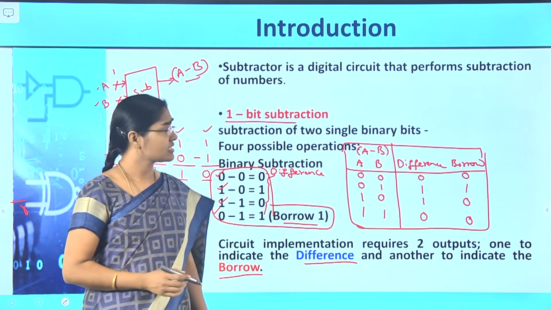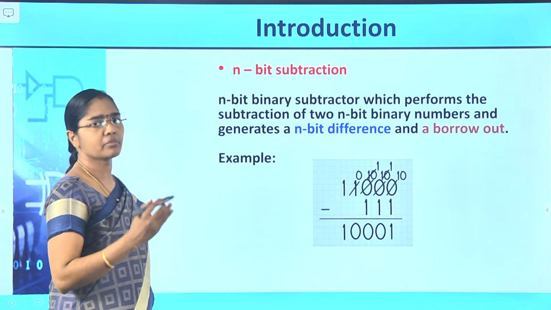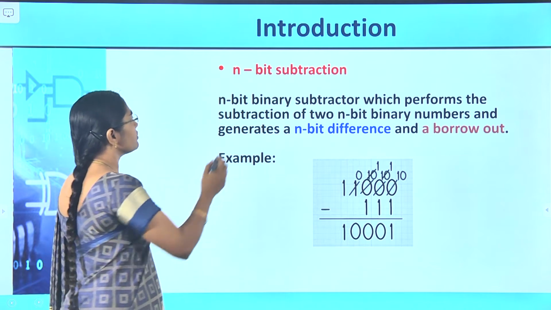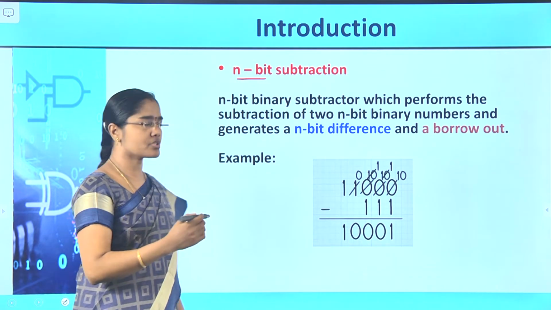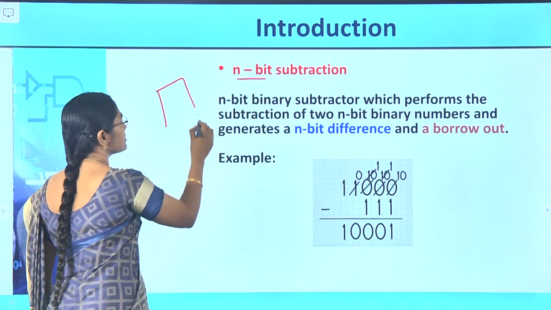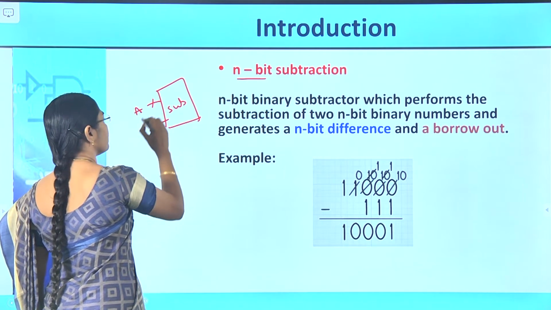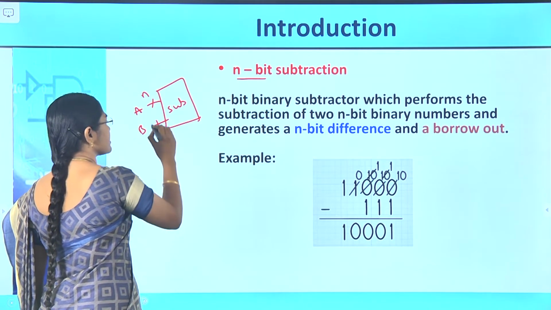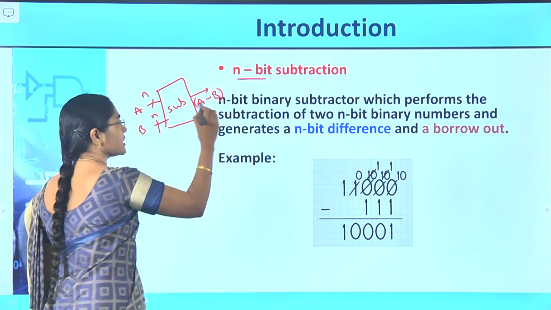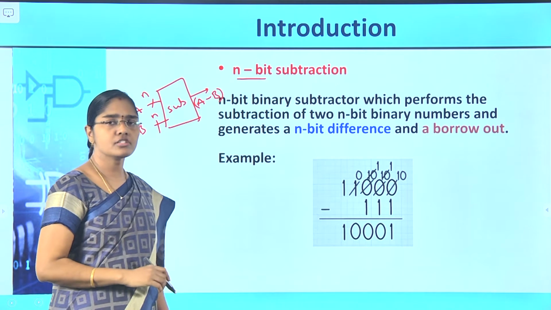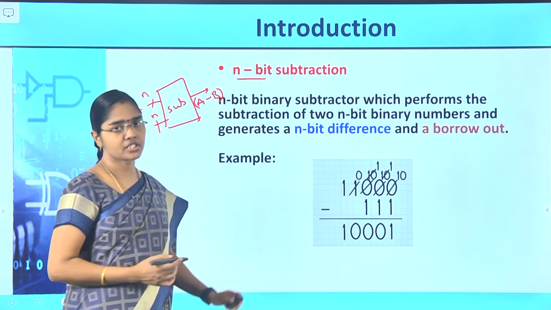Similarly, for the next subtraction, the two operands, minuend and subtrahend, are n bits. For n-bit subtraction, we have two inputs A and B, both n bits, and we perform the operation A minus B. There also we use the single-bit rules to perform the subtraction.